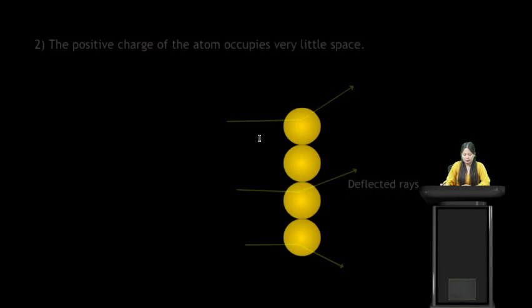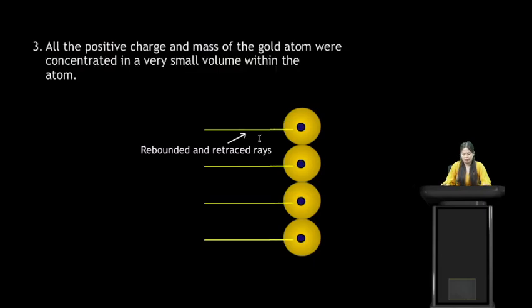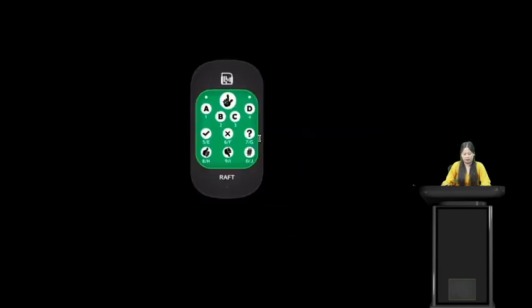Then he also saw that some of the alpha rays got rebounded and retraced. So he inferred that all the positive charge and mass of the gold atom were concentrated in a very small volume within the atom. So this is what he inferred from the experiment.